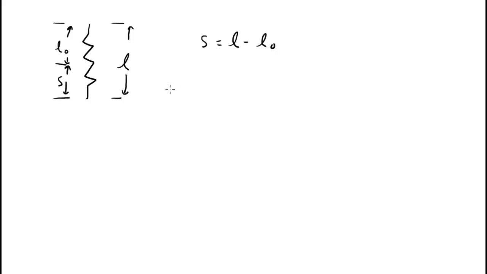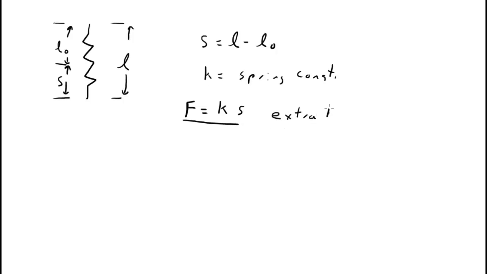All springs have what we call a spring constant, or K, and we can determine the force in the spring simply by multiplying this spring constant times the extra length that's been obtained by the spring, or in the case of springs under compression, by the reduction in length of the spring. So this is in effect a new equation. So this is an extra equation that we can now use to solve problems.